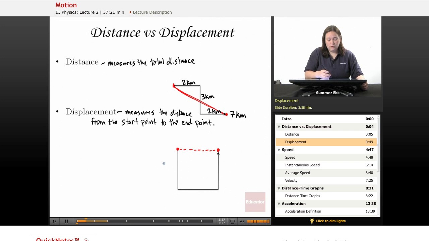for a turtle. So the turtle walks 5 meters south, and then 5 meters east, and 5 meters north. So the total distance that turtle has traveled is 15 meters.